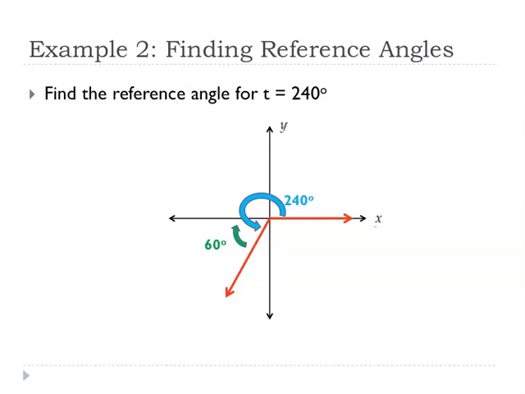Okay, so now let's do an example that uses radians. So we have t is equal to 3 pi over 4. Find the reference angle. So now we have to, again, think about which quadrant you're going to be in.